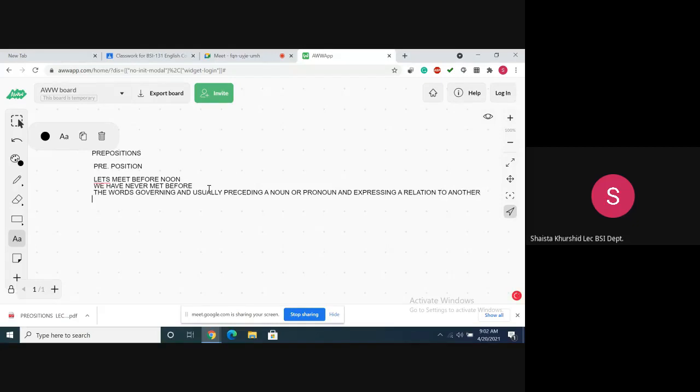Expressing the relationship of this noun and pronoun to other words in a clause or in a sentence, we can say.